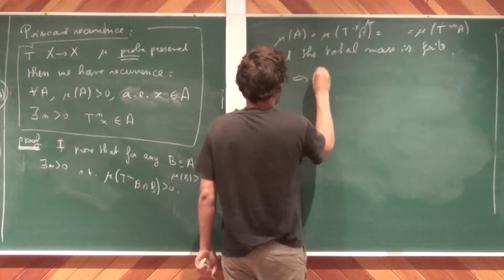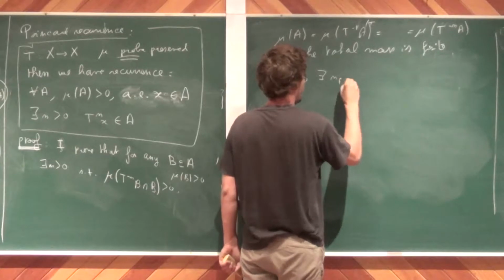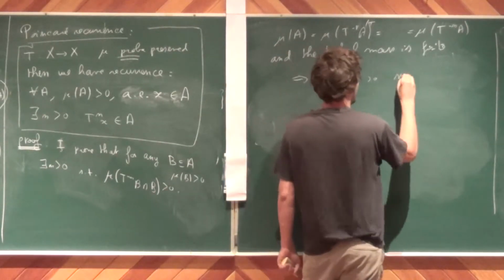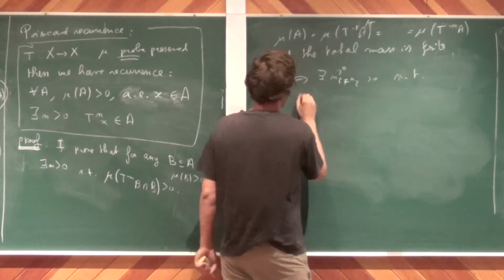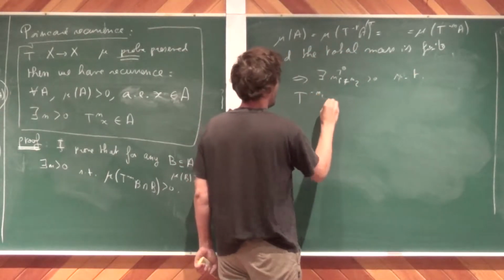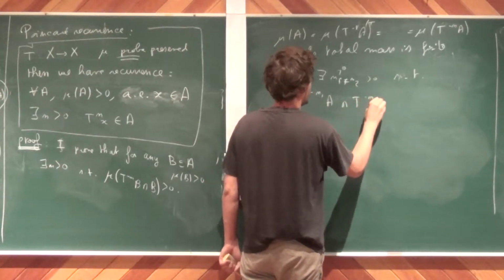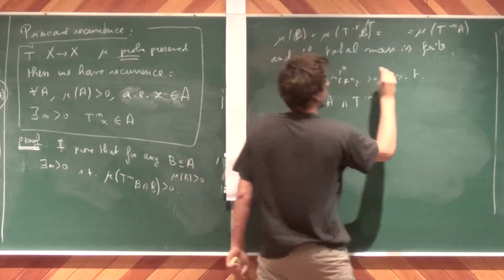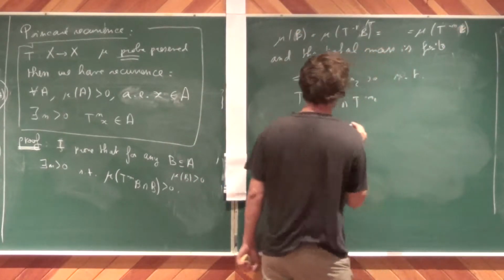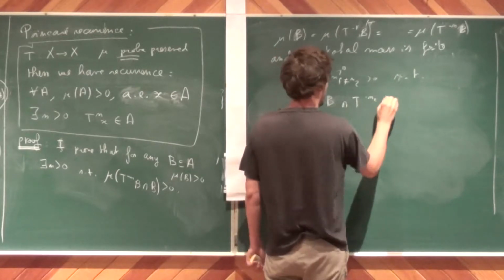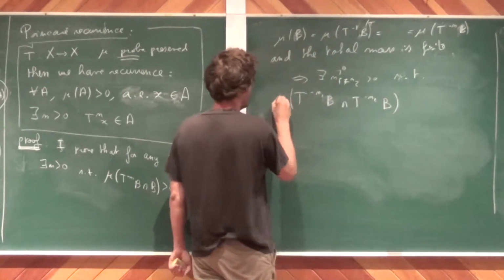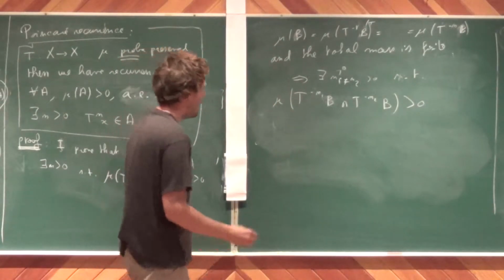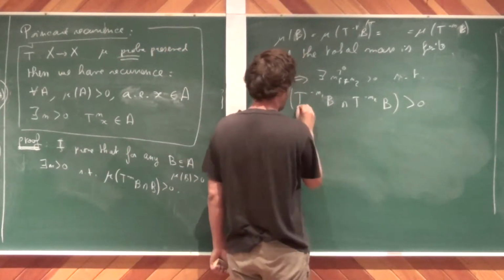So this implies that there exist two indices, n1 and n2, positive and different, so that T^{-n1}(A) intersected with, so my A is B, sorry. But if you prove the statement for A, this is the same as proving it for B. The measure of that is positive. But once you do that, imagine that n1 is bigger.